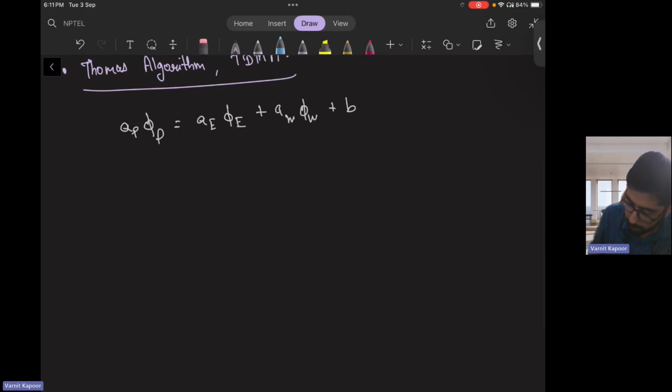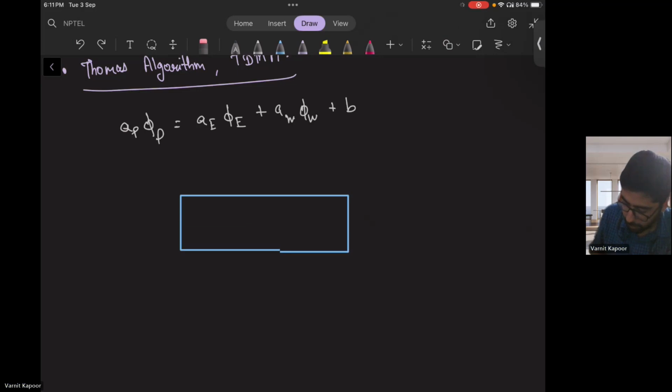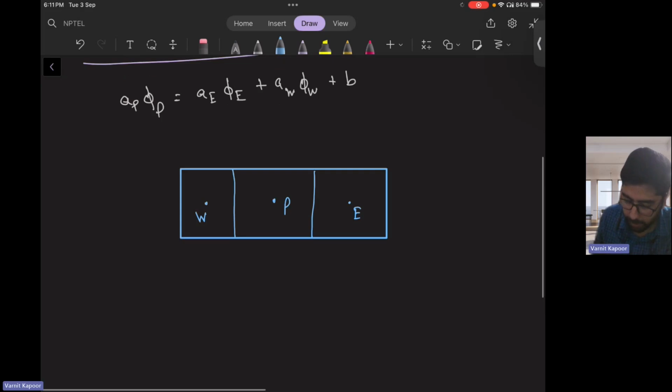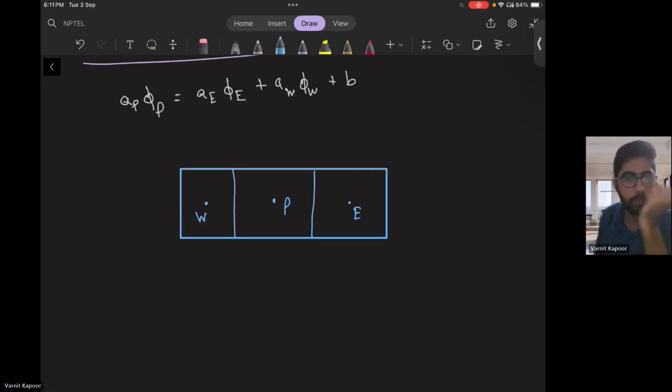So suppose this is your point P, this is your west node, this is your east node. So that is P, E, and W node. Similarly, I can denote this P node as i, this node as i plus 1, and this node as i minus 1.